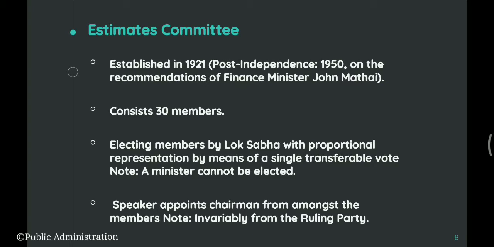Other members who are not ministers can be members of the Estimates Committee. The Speaker appoints the chairman from amongst the members, and it is invariably from the ruling party. Those are the major things about the Estimates Committee.